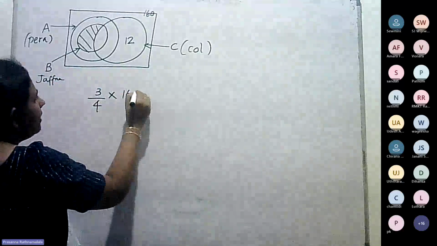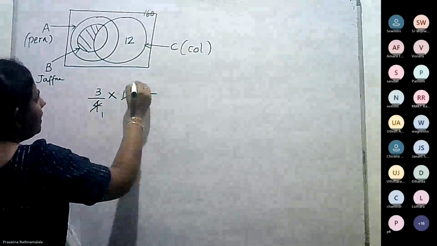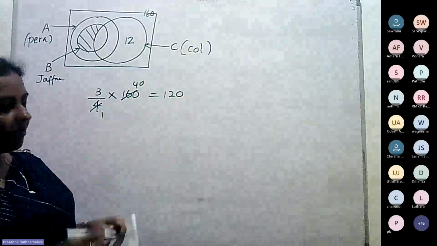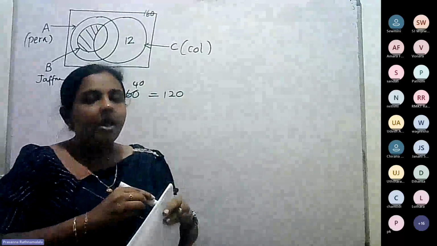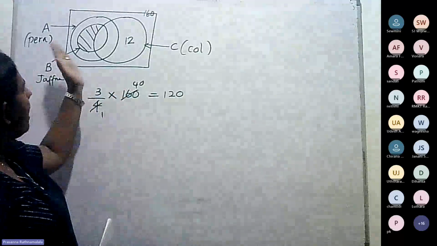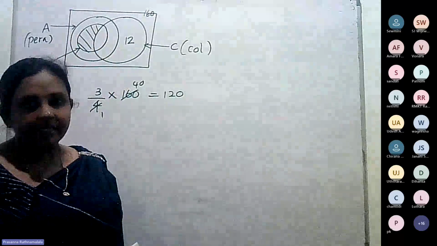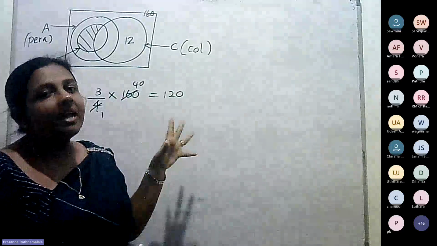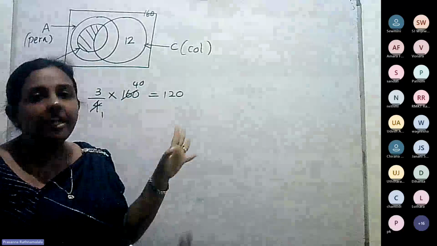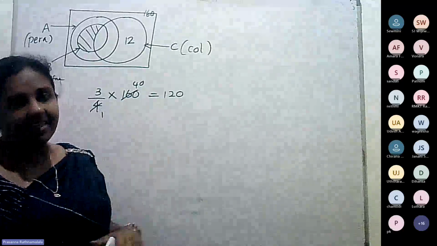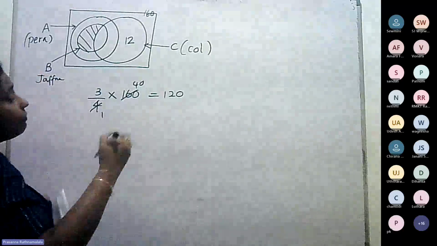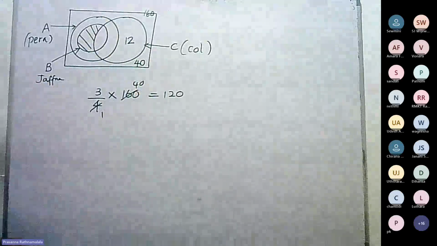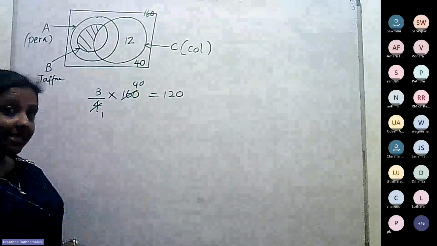3/4 of 160. That is 120 students. Now 120 students applied to one of the 3 faculties. The rest of them did not apply to these 3 faculties. That is 40, outside of the 3 sets, but it belongs to the universal set.